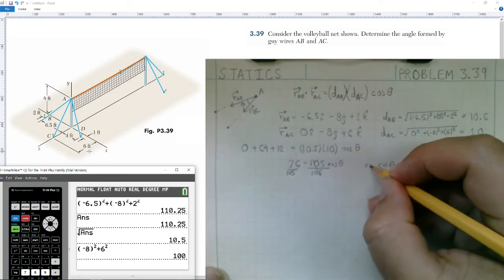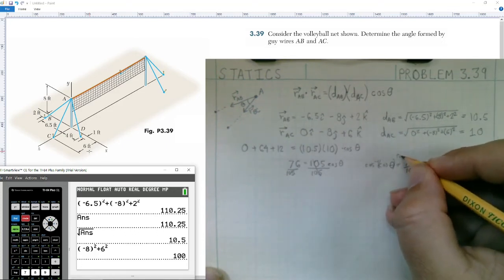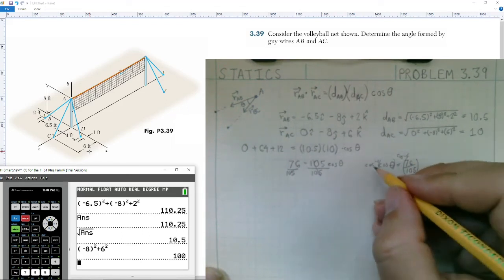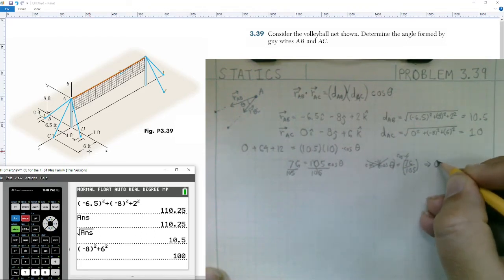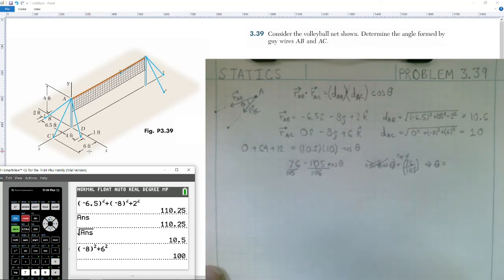If we do the cosine inverse of both sides of the equation, the cosine inverse will cancel out, and we just get theta. This tells us theta is equal to the cosine inverse of 76 over 105. So we're going to do cosine inverse of 76 divided by 105, we're in degrees.